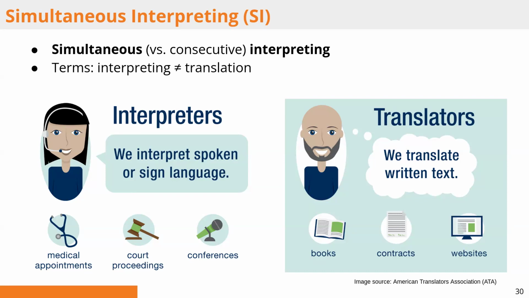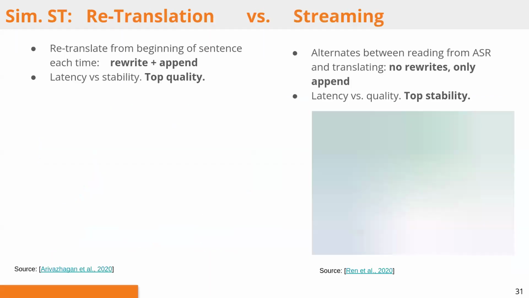So we're not focusing on this case. And I'm also showing this slide because interpreters and translators really like to distinguish these two terms, because translators translate text, while interpreters translate spoken or sign language.